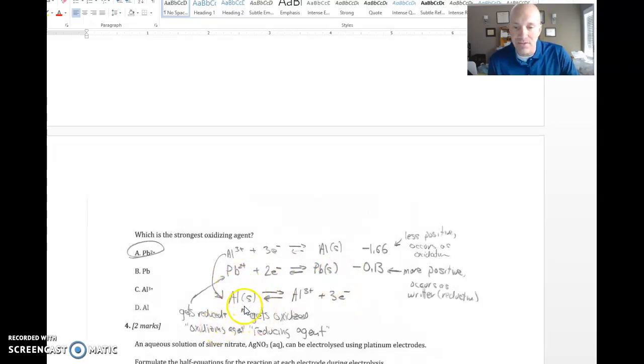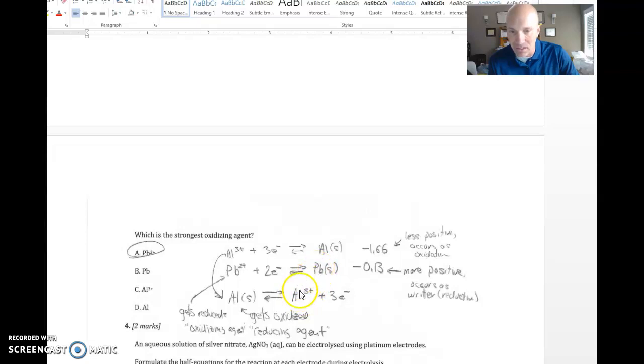If you look on the left hand side of these reactions, the aluminum is getting oxidized. Since it gets oxidized, you would consider that the reducing agent. And since the lead ion is getting reduced, you would consider that the oxidizing agent. Of all these, when you consider the reactions, you know that the agent is going to be one of the reactants.